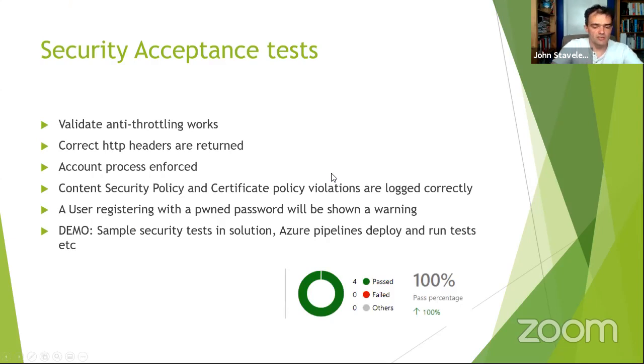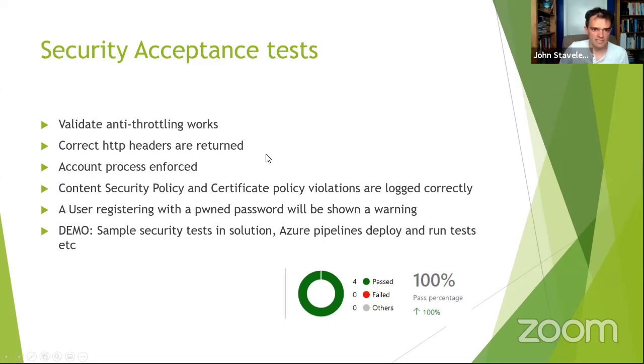Okay, so finally, you've got deployed code, you've pen tested it, you can do some security acceptance tests. So for instance, I've got an anti-throttling attribute on my login page that stops people pounding my login page, and it limits substantially how many failed logins you can get per minute. So I can validate that that's working using an acceptance test.